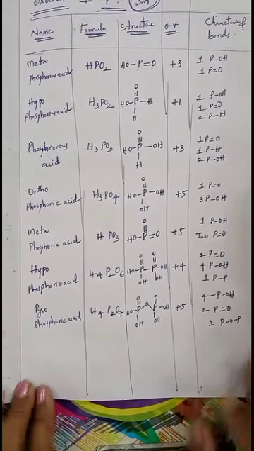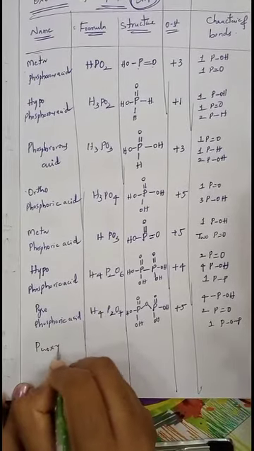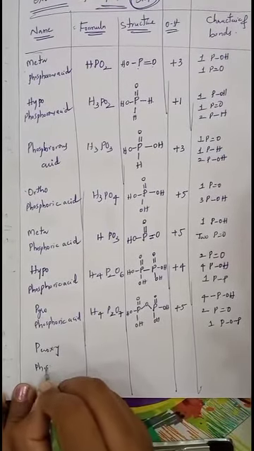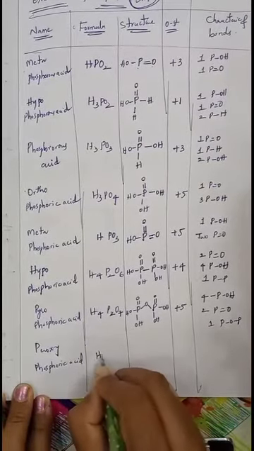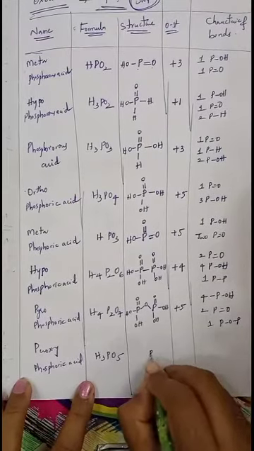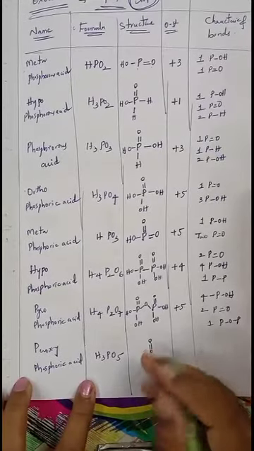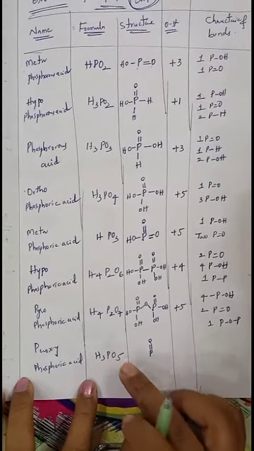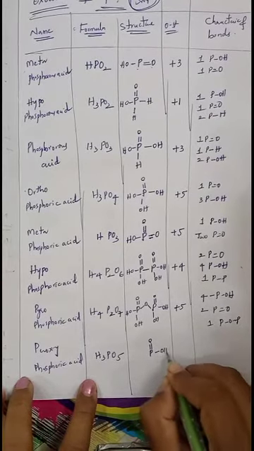Next, the last type of oxoacid is peroxyphosphoric acid. Peroxyphosphoric acid formula H3PO5. Central atom phosphorus. 1 oxygen forms a double bond with phosphorus. Still 4 more are there. Of those, 3 react with hydrogen to make OH bonds.